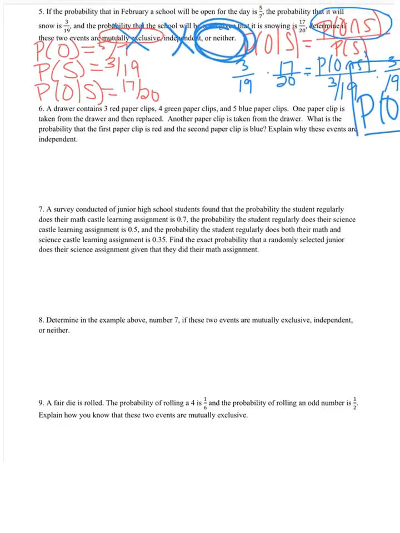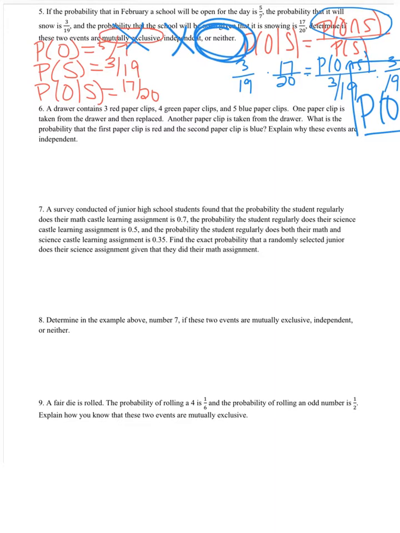Alright. Number 6, a drawer contains 3 red clips, 4 green paper clips, and then 5 blue. 1 paper clip is taken from the drawer and then replaced. So it's put back. And then another paper clip is taken from the drawer. What is the probability that the first clip is red and that the second paper clip is blue?